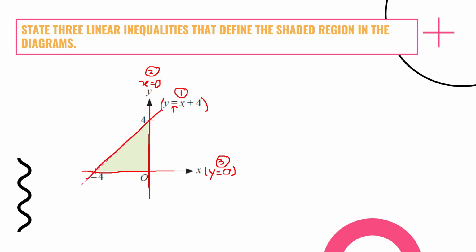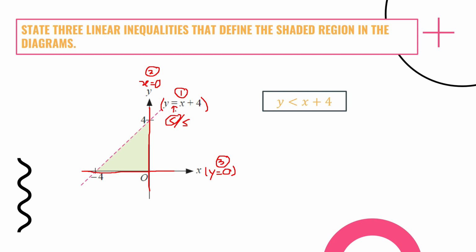So if it's below, it must be the symbol lower than or equal. To determine which one to use, we look at the line. This is a dash line, so we will use lower than. So the first linear inequality is y lower than x plus 4.